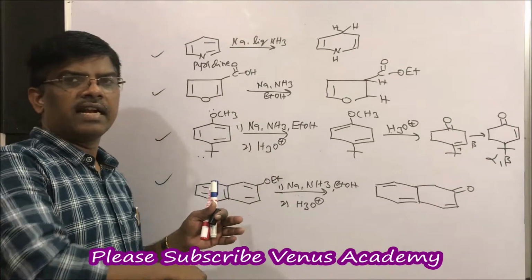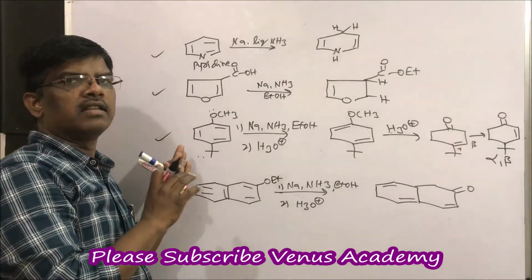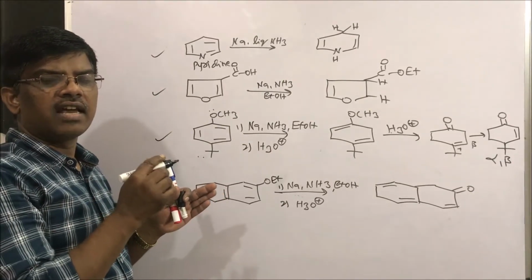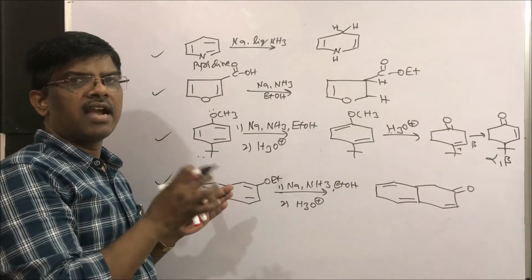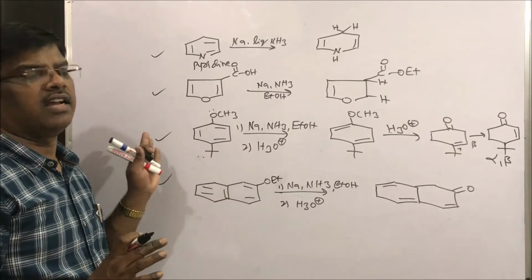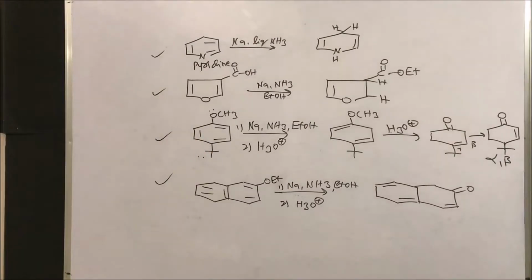Whenever you see an electron withdrawing group, just reduce that carbon, for example carboxylic acid. The carbon which is attached to carboxylic acid, add hydrogen, then para to that position add hydrogen. This is how aromatic Birch reduction takes place.